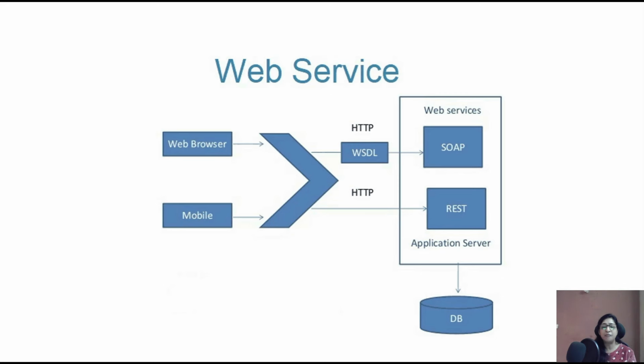Once it interacts with the application, we just dump all the data that we have exchanged between these two applications into a database. That is the entire structure of how web services work. If you really want to understand it in more detail, you can join our course.